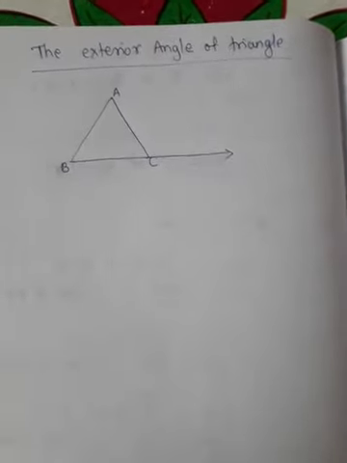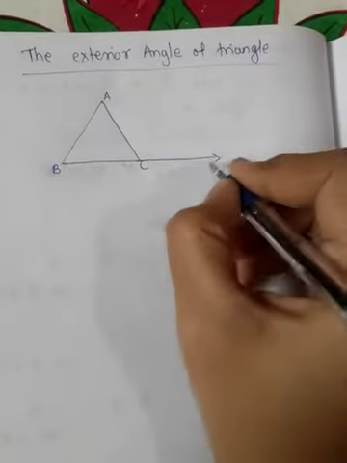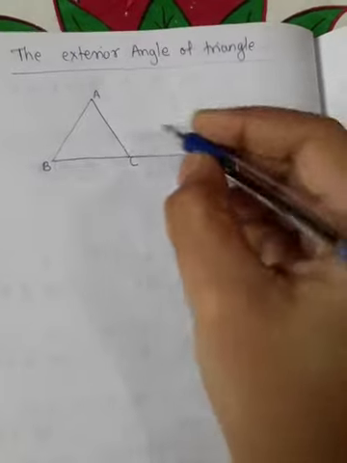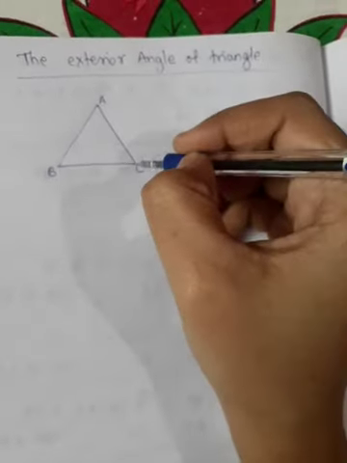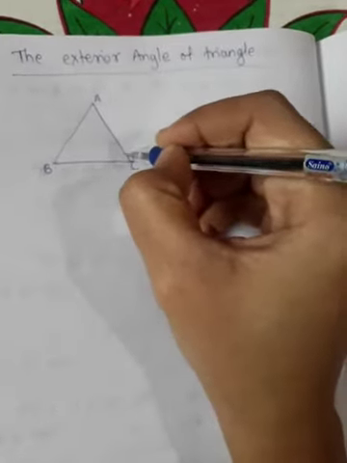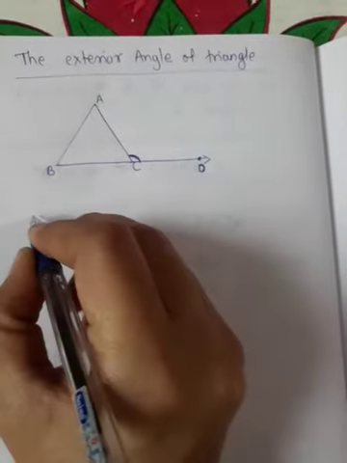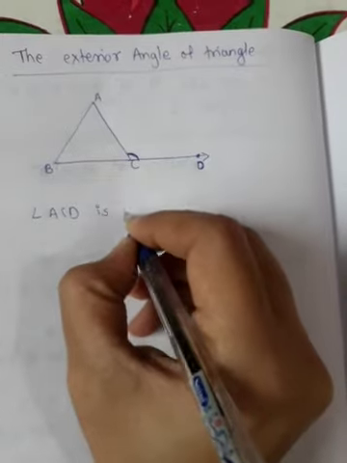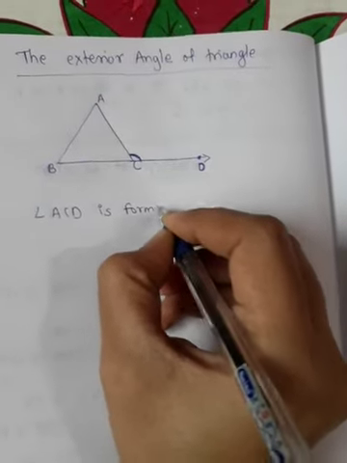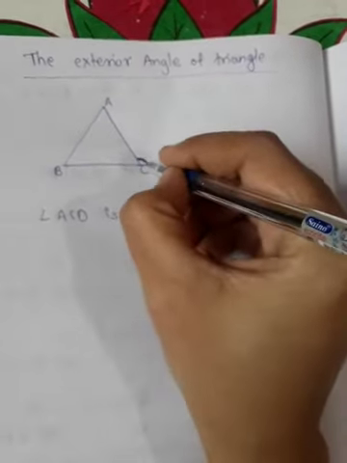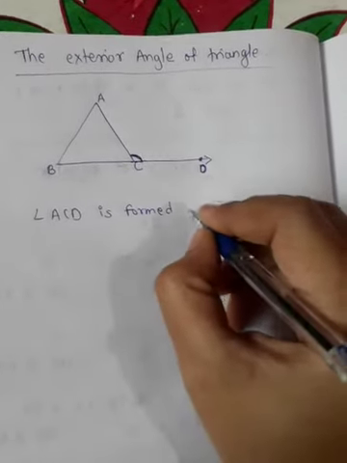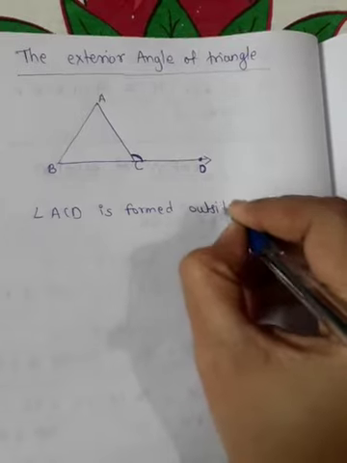If we extend the side BC and name the new point D, we get a new angle, angle ACD. Angle ACD is formed, which is outside the triangle.